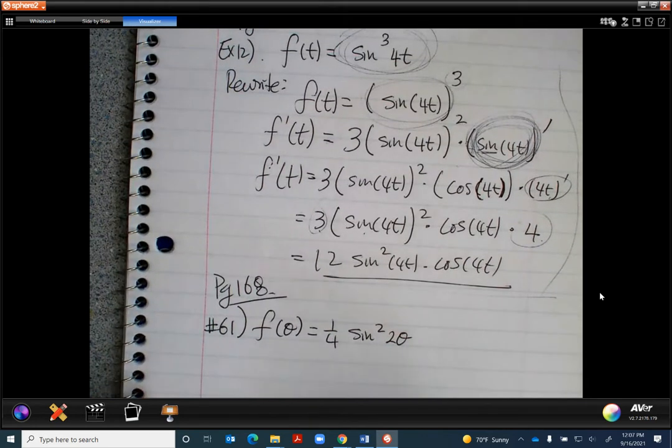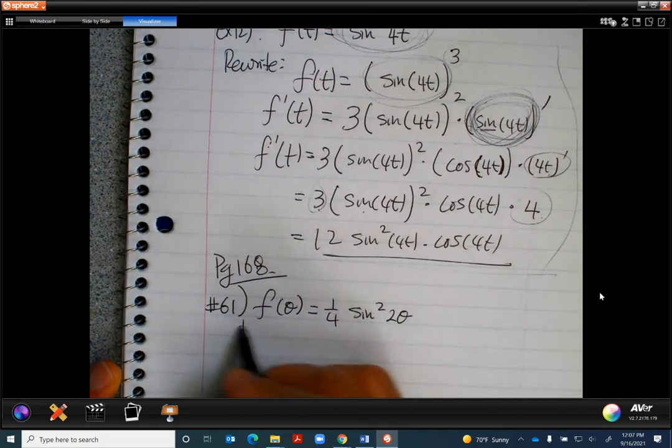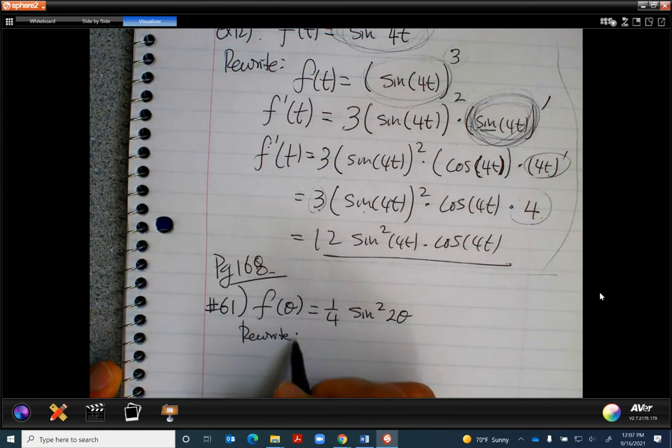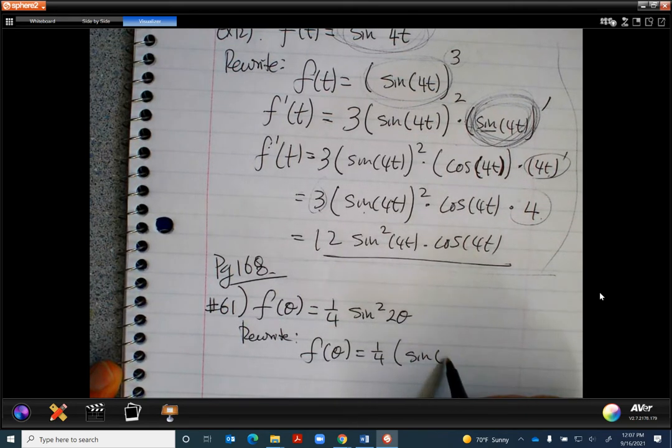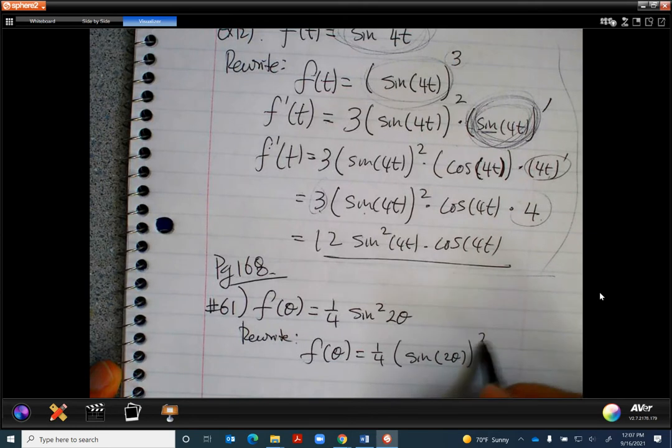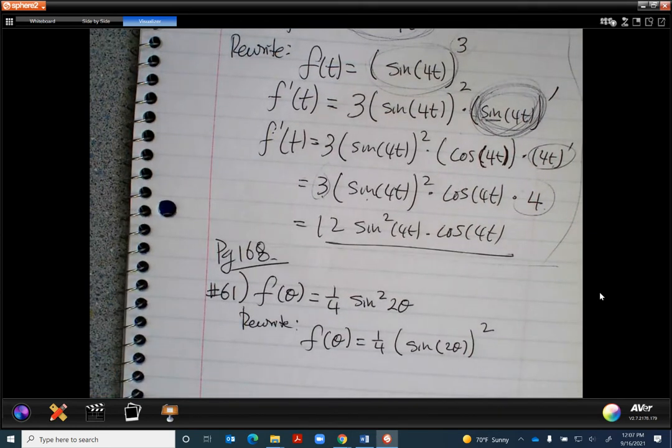Okay, I hope you guys rewrote this as f of theta equals 1/4 parentheses sine parentheses 2 theta squared. How many of you guys have that? That's where you need to start.